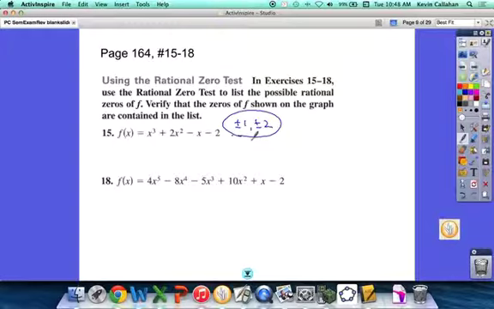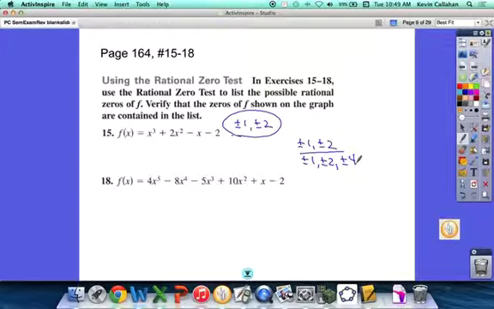You know, this one might be a little more interesting just because there are more factors to go off of, right? It's still -2 at the end, which is plus or minus 1, plus or minus 2. But now you're dividing by the factors of 4, which are 1, 2, and 4, right? So now you're not done.